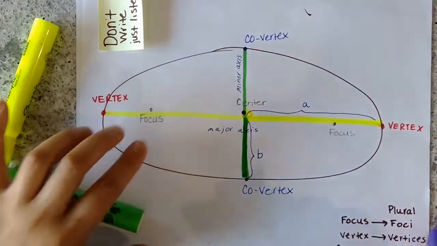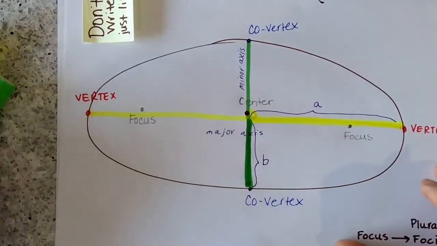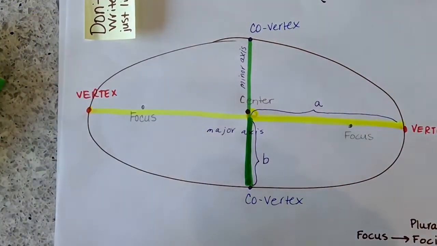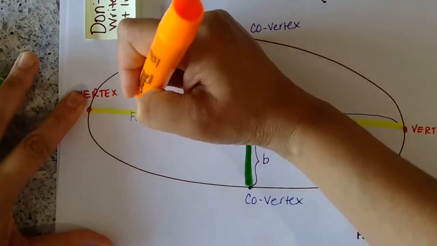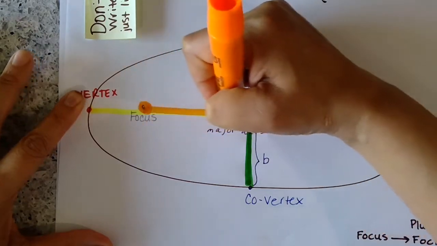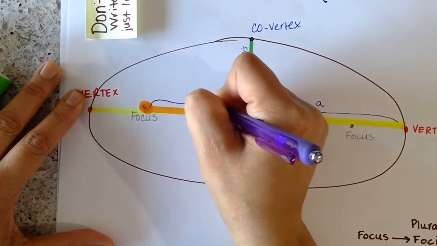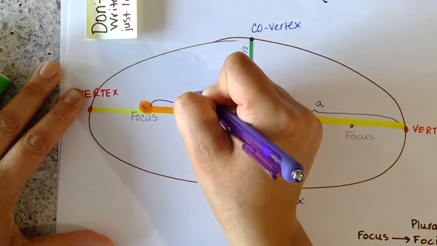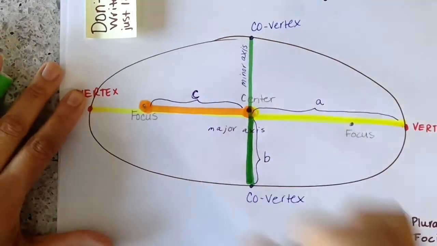So we have A, B, and there's one more missing. It's C. What do you think the C distance is going to be? And that's really important. The C distance is going to be from your center to your focus point. And the reason these distances are important is because there's actually a formula that can help you solve them. If you know two of them, you can always find the other one.